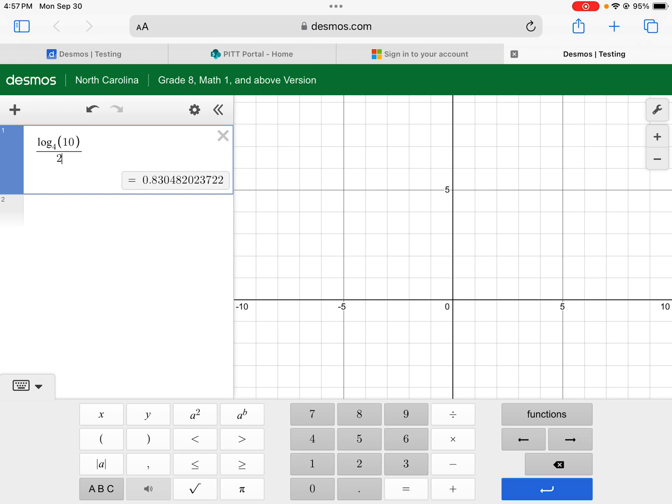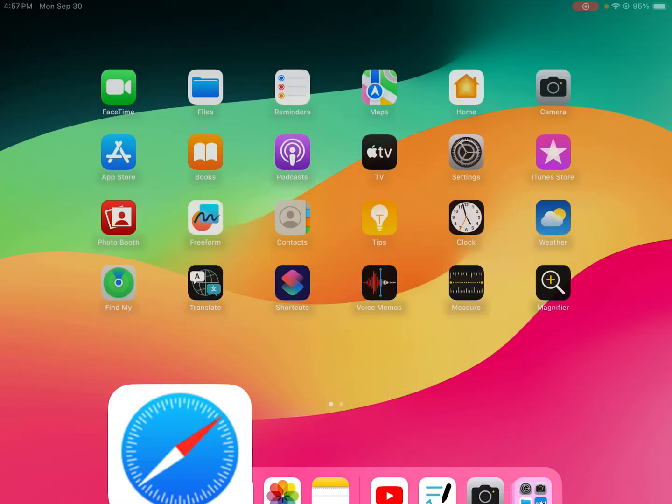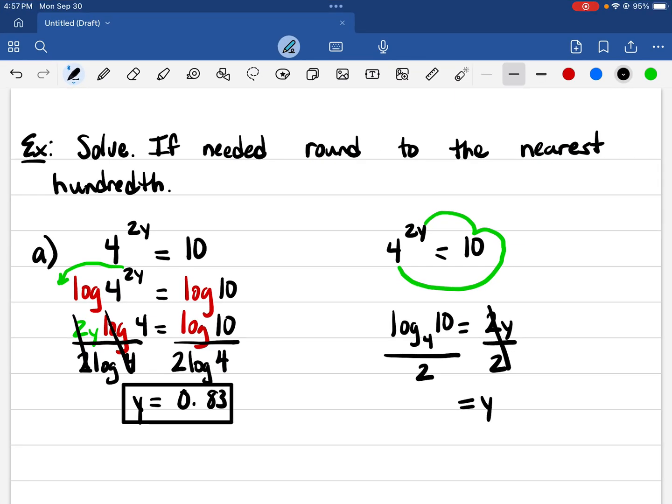And indeed, we do get the same answer there, 0.83. So again, it does not bother me which way you decide to do it. You've got both of those as options, taking the log of both sides or doing Loggy Froggy.